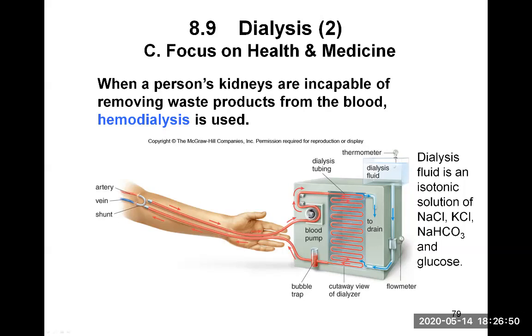But what will move out, and what is wanted to be moved out, are wastes like urea. Because these molecules are not contained in the fluid, they will move out of the blood by diffusion, right? The dialysis tubing allows them to pass through. The pores are big enough for the urea and all the waste products to move out of the blood.